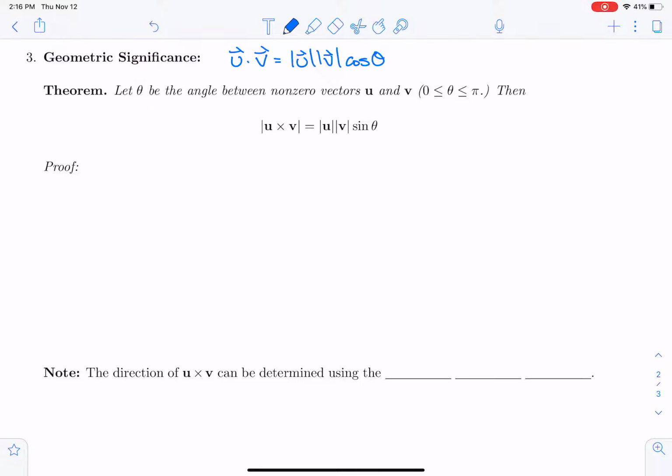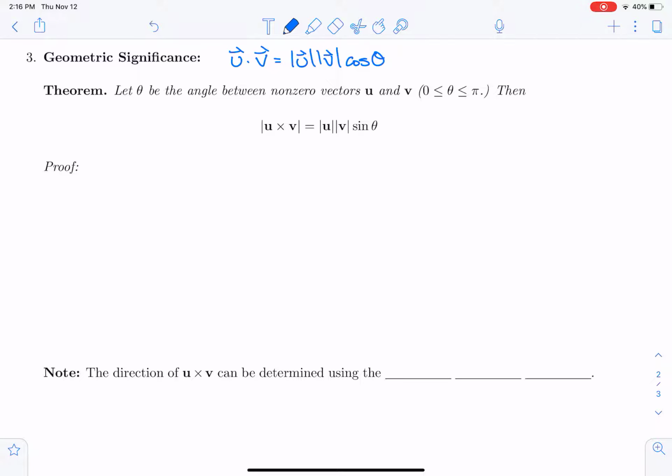So this does not give the cross product vector, but it does give the magnitude of the cross product vector. And this is important in physics concepts such as torque, where you're trying to find the cross product of two vectors and you want the magnitude of that cross product to calculate torque.